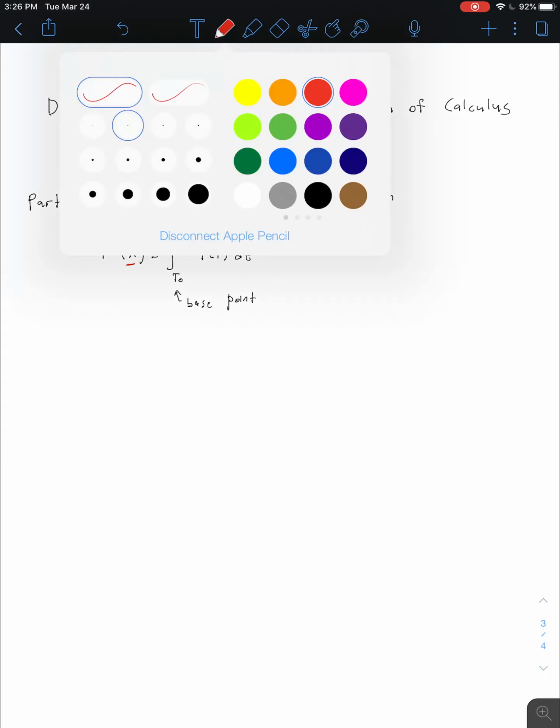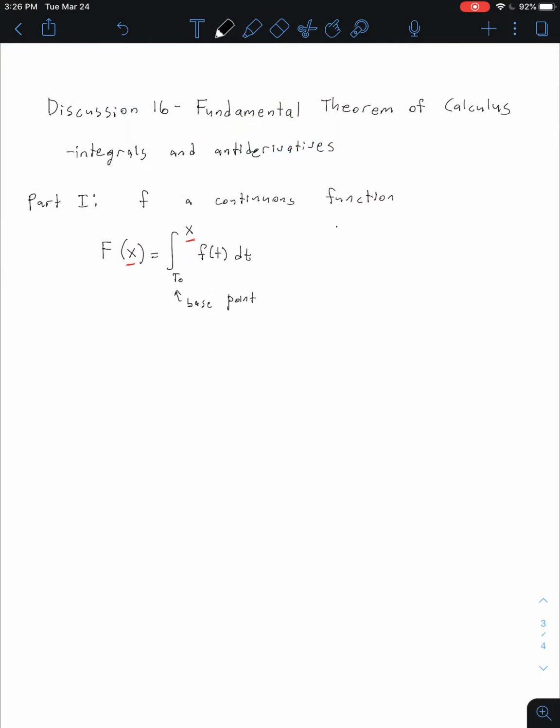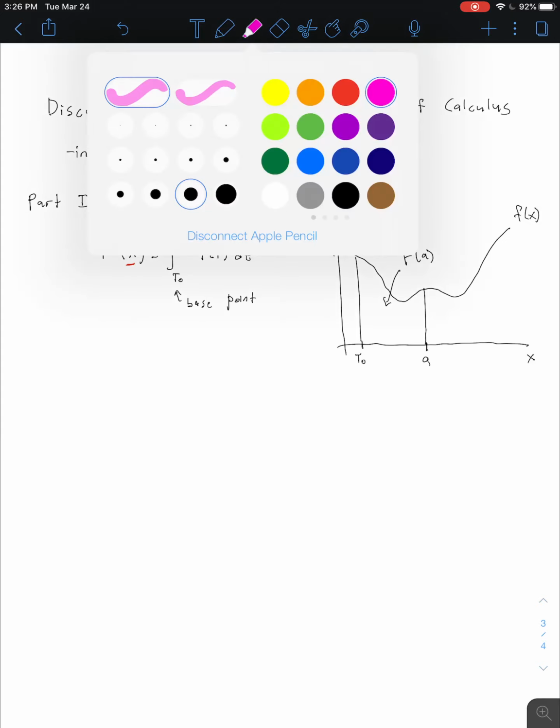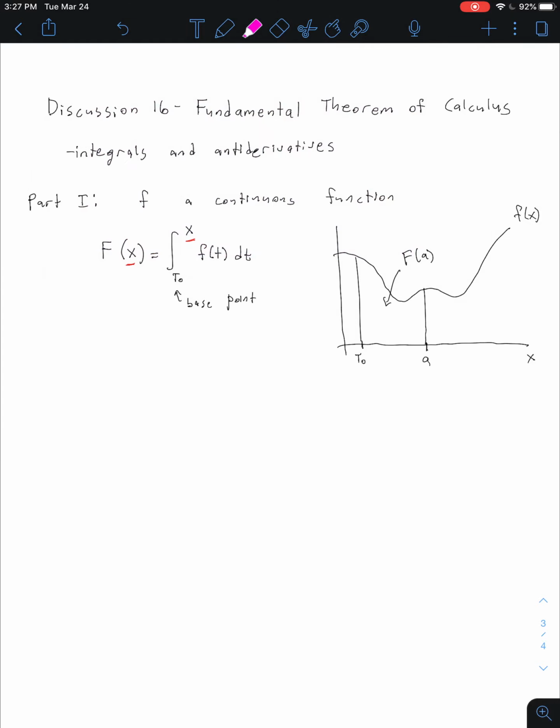Now, what does this function look like as a picture? Well, if we draw ourselves some axes, and we draw f of x, then we have some base point t0, and then given any x value, let's say a, capital F of a is going to be the area between our function f of x and the x-axis.